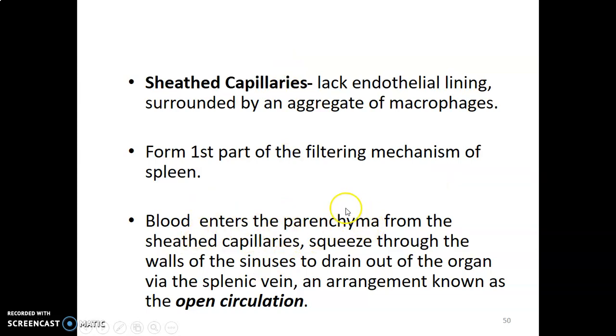When blood enters the parenchyma of the spleen from the sheathed capillaries, it will be squeezed through the sinuses to drain out of the organ via the splenic vein. And that's where we are having the open circulation.